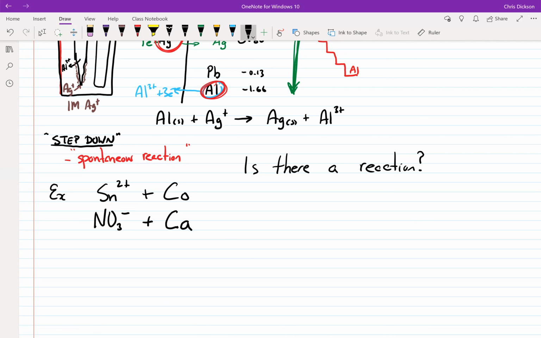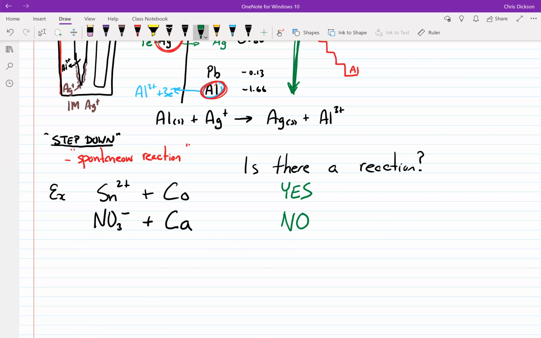So not cobalt, but calcium. Okay, so I think for the first one I'm going to guess yes. I haven't looked at the data table yet, but I'm pretty sure that's going to work, though I'm going to have to look. And the nitrates, I'm going to say no to.